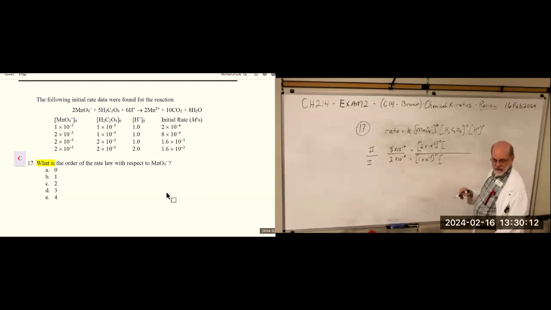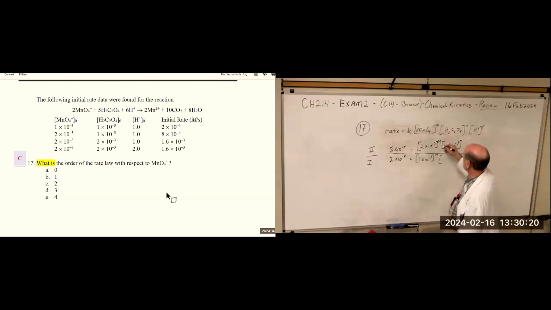And the oxalate is 1 times 10 to the minus 3 for both of them. And then for the hydrogen ions it's 1, to the p.